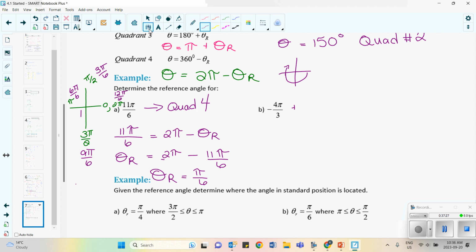So I'm going to be adding 6 pi over 3. And Rahat told me that that was going to be 2 pi over 3. That is a positive coterminal angle.